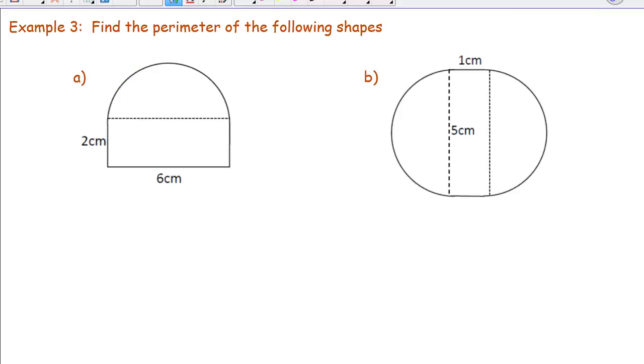Example 3, find the perimeter of the following shapes. Now, again, we'll start by inspecting.